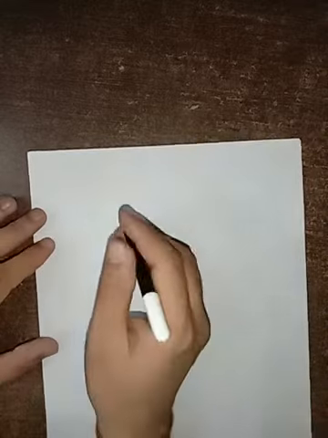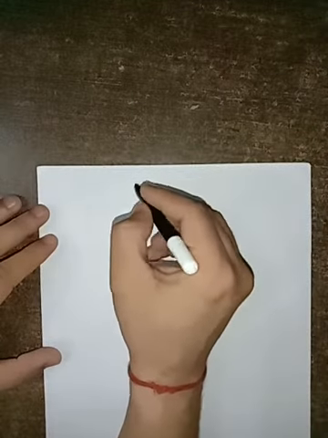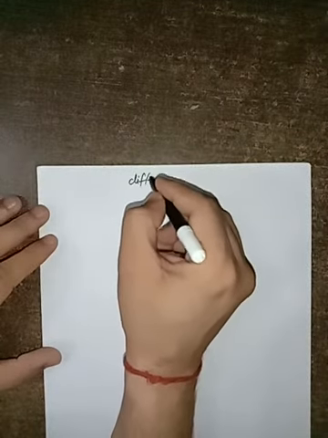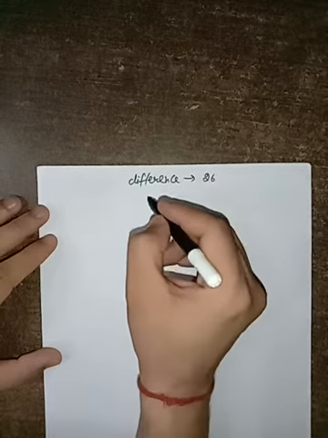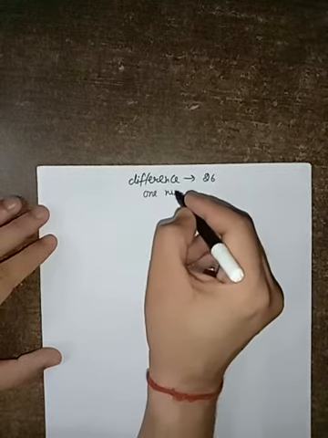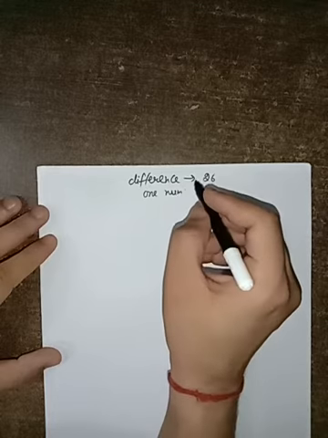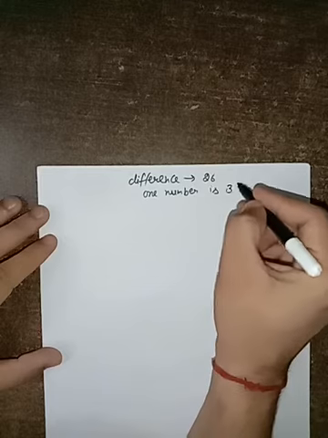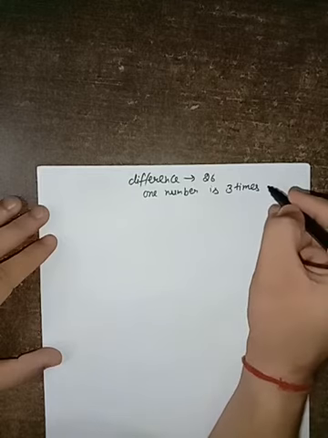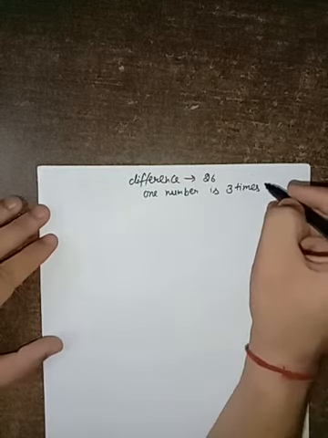Find them. So here what we are given is that the difference is 26 and one number is 3 times the other. You only concentrate on these two statements.